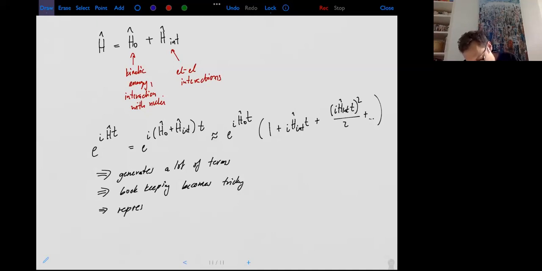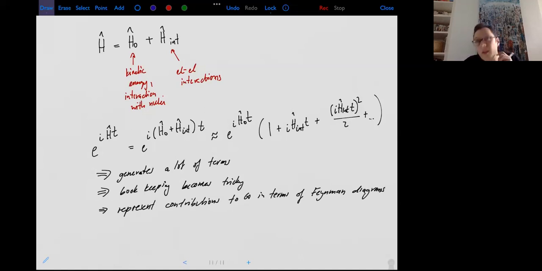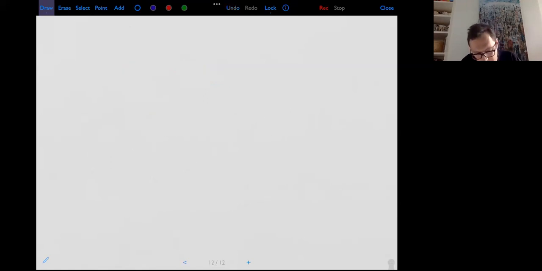So what Richard Feynman basically proposed is to represent these contributions to the interacting Green's function in terms of diagrams, which in his honor we call Feynman diagrams. Okay, I guess we still have a couple of minutes, so I'll make a start with discussing these Feynman diagrams.